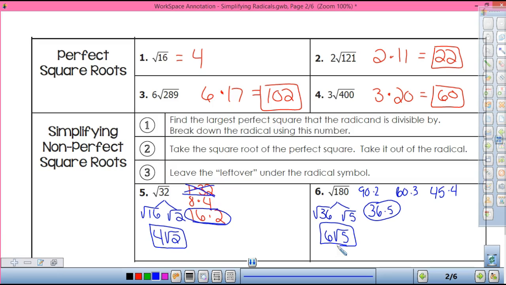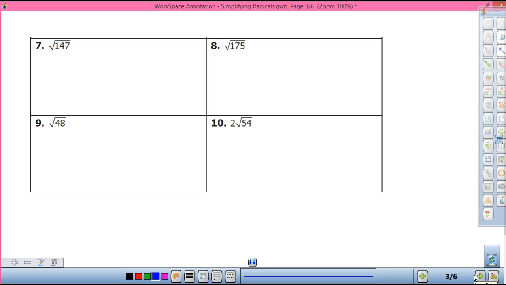This section isn't going to be super easy. I realize that. So finding factors of 147. 3 and what? All right, so let's stop right there. Is that a perfect square? Boom. We can use it. So I'm going to write this as what?